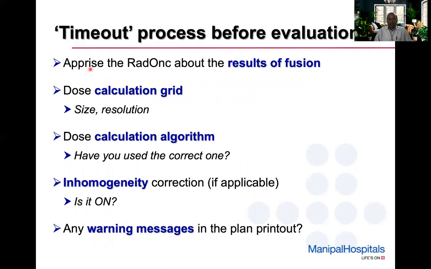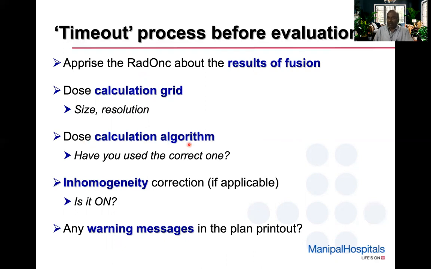And the planner should apprise the radiation oncologist about the results of the fusion and what were the limitations, or what kind of errors are possible in the fusion results. He should tell the radiation oncologist about that. Check on the dose calculation grid, whether the size of the dose calculation grid is appropriate or not, and what kind of resolution has been used.